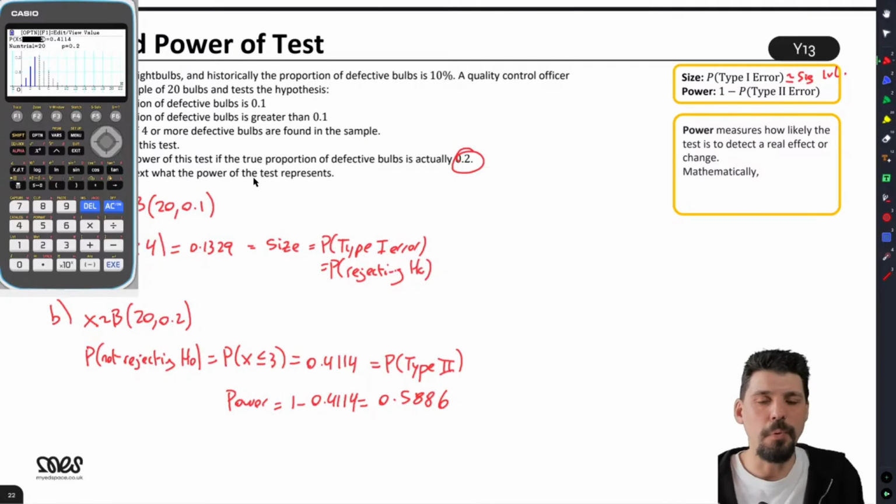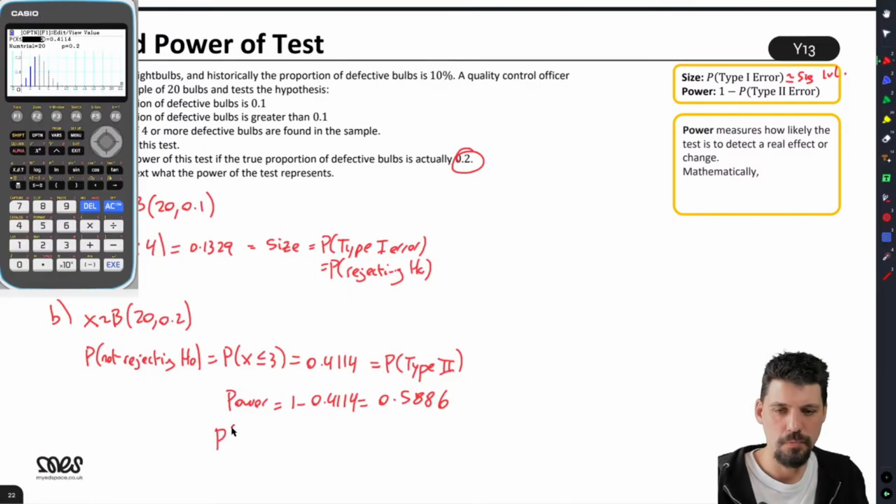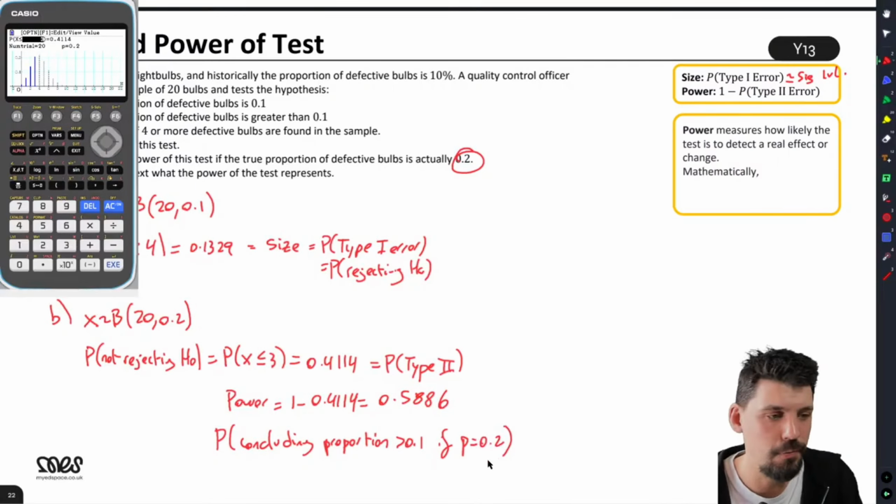This is the probability of correctly deducing that the proportion is greater than 0.1 if the proportion is 0.2. I've paraphrased a little bit there for time.